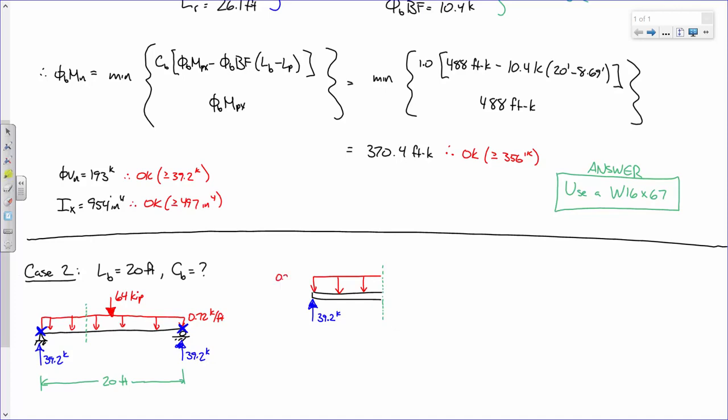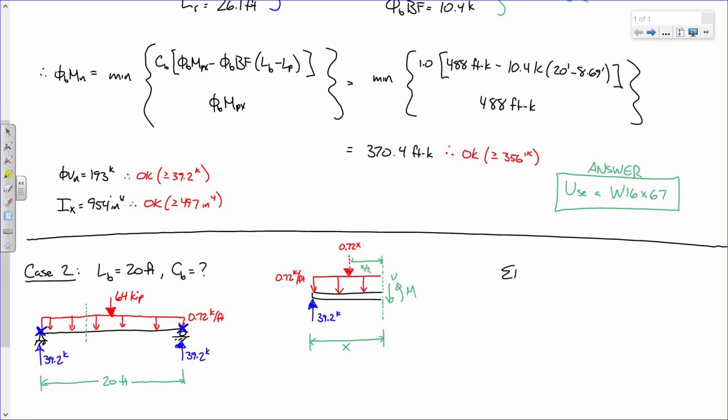So this is 0.72 kips per foot. What's that distance? X. There we go. So that point load is 0.72x, and what is this moment arm right there? Then we're going to have some unknown shear and some unknown moment, although all I really care about is the moment.